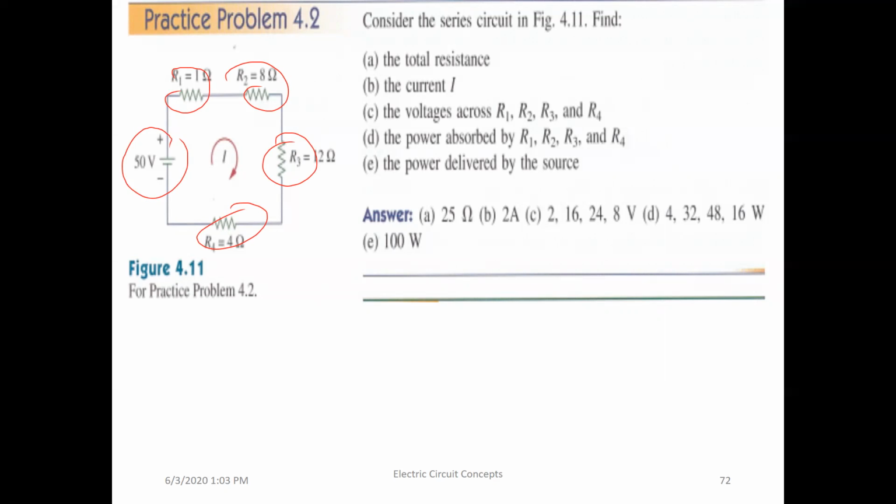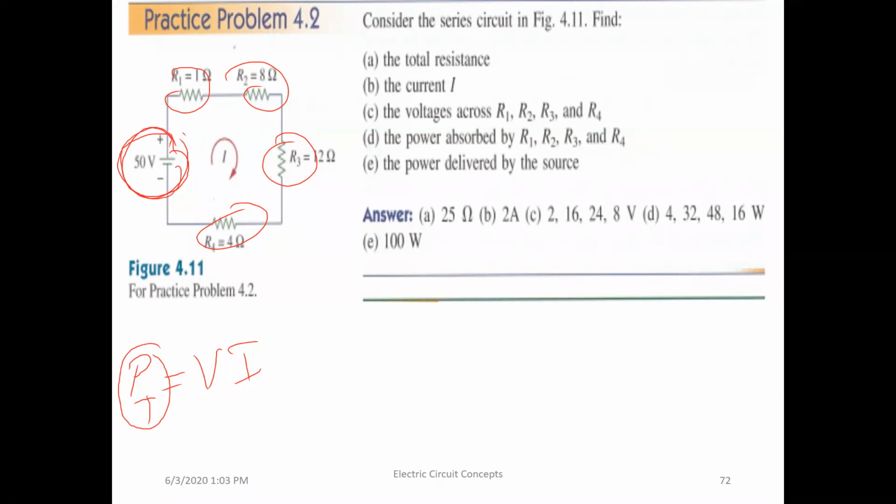That power must equal the power dissipated in these 4 resistors. So PT, the power delivered by the supply, is equal to V times I. Remember one of the formulas, V times I? Which V here? This V here, because we're looking for the total power of the power supply.